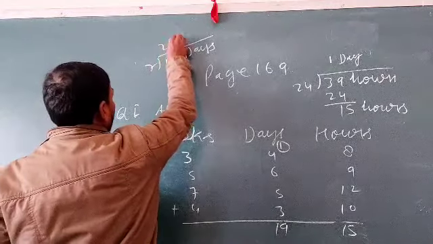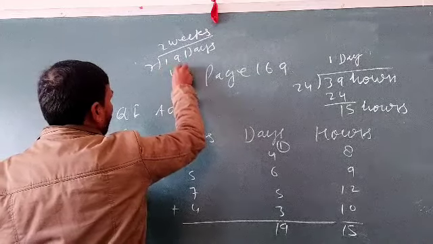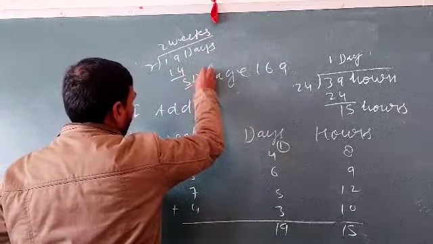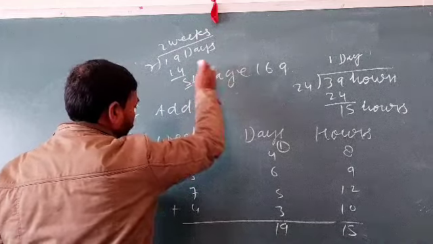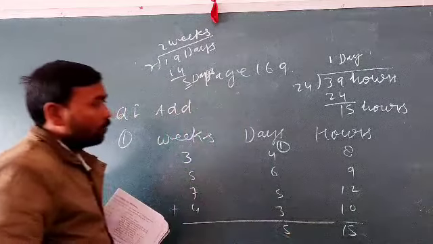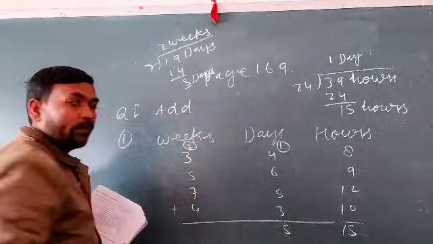So the answer will be 2 weeks and 5 days. We have to write 5 days in the days column, and 2 weeks we have to add in the weeks column.